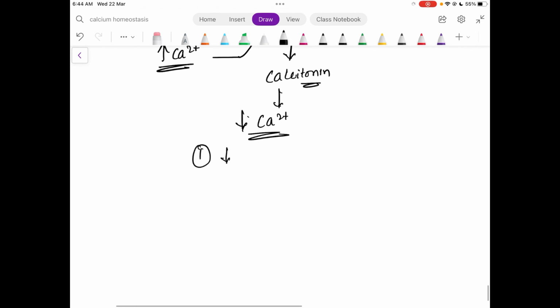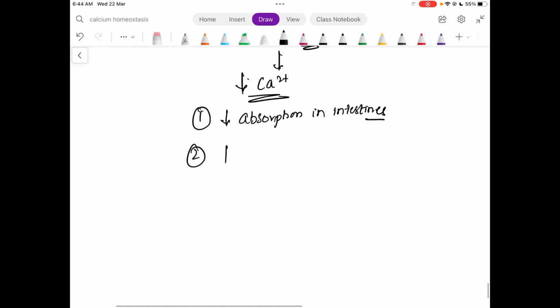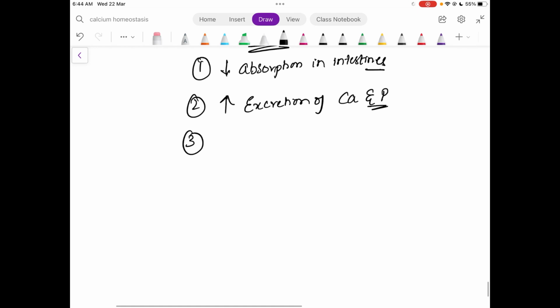How will they decrease calcium levels? By decreased absorption in intestines. Next, they will cause increased excretion of calcium and phosphate through kidney.